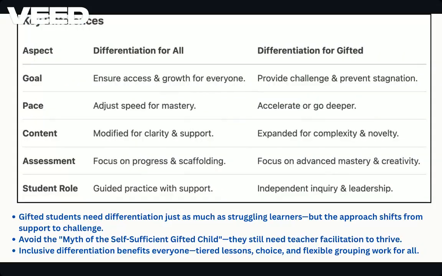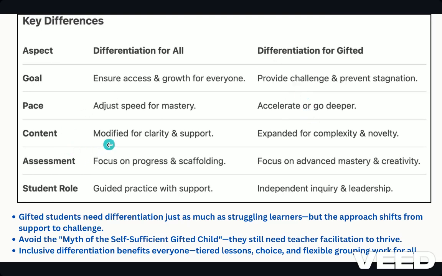So let's identify the key differences here. The goal for differentiation for all other students in our classroom is to ensure accessibility, access to learning, and growth for everyone. Whereas for gifted learners, it is providing challenge and preventing stagnation or boredom. For all students, we adjust speed for mastery; here we need to go deeper for mastery.